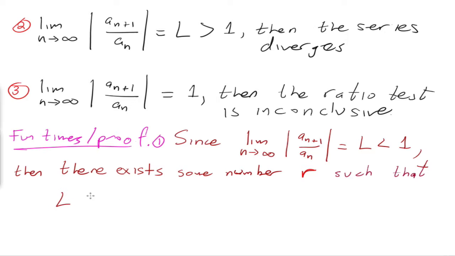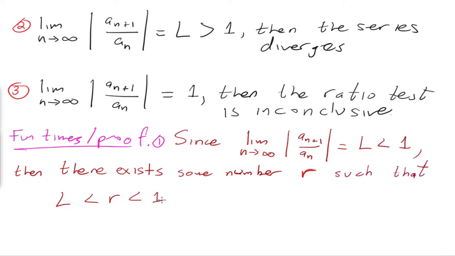So L is less than R, which is less than 1. So R is just some number that's in between L and 1.